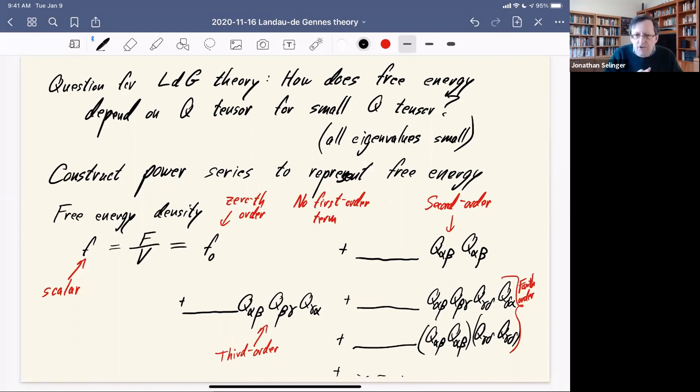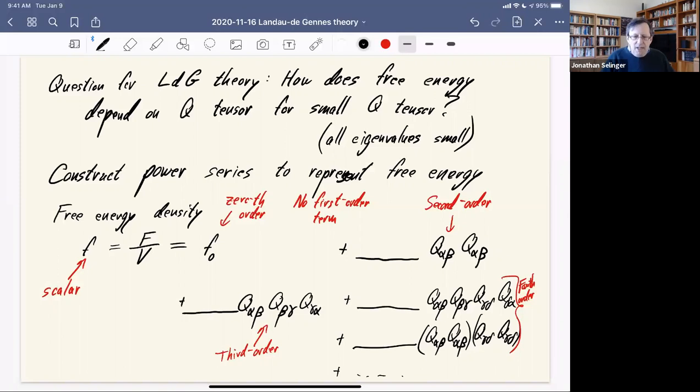And I suggested then that there were different kinds of approaches, right? That we could take either a macroscopic symmetry-based approach or develop a more microscopic theory that would depend on specific interactions among the molecules.